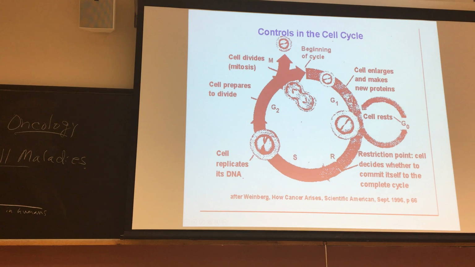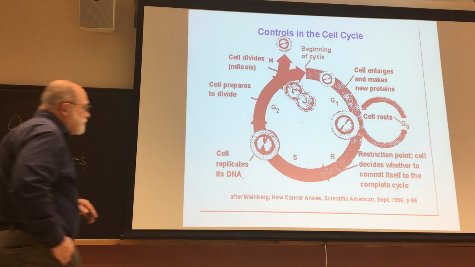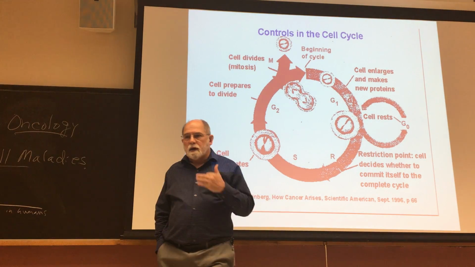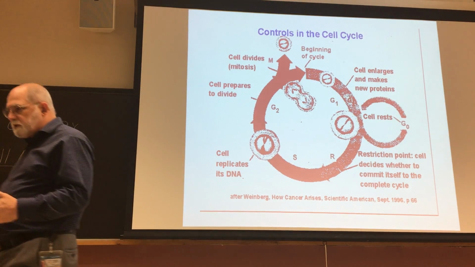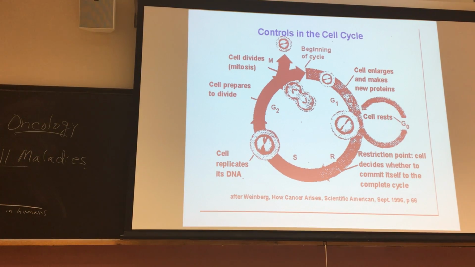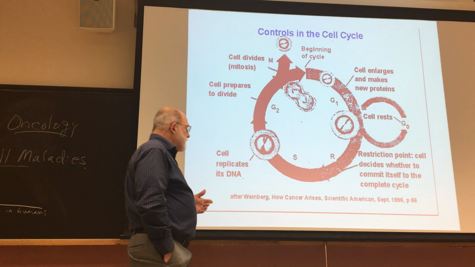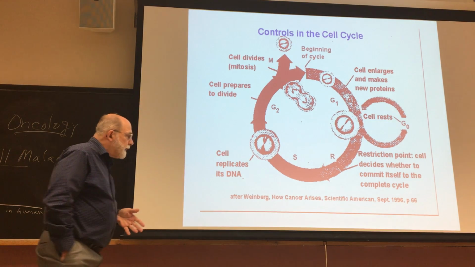You do get to a point, however, called the first restriction point, R1, where the cell has to decide whether to commit itself to complete the cycle. The decision here is usually based on the condition of the environment. Are there enough nutrients to support division? Are there other things in the environment that may be deleterious to the growth and survival of the cell?